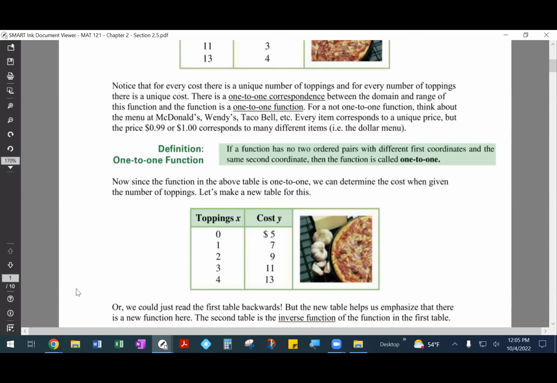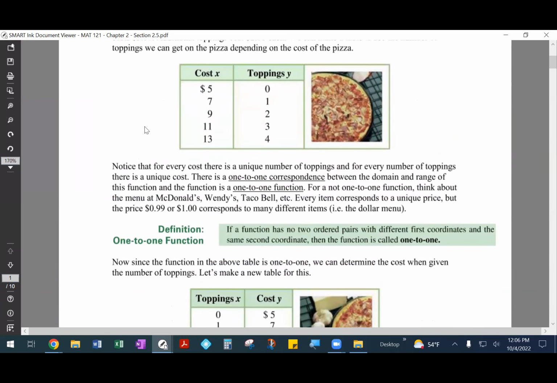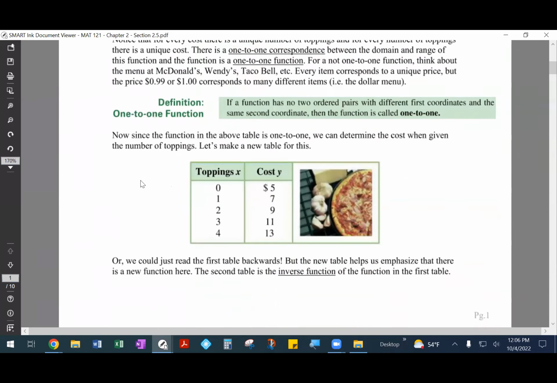So that relationship transfers. What we did by interchanging our X and Y variables, if this was the original function, this is the inverse. It's literally that simple. As long as you can establish that you have that one-to-one relationship between your X and Y coordinates, and you literally just switch your X and Y variables, you have created an inverse function.